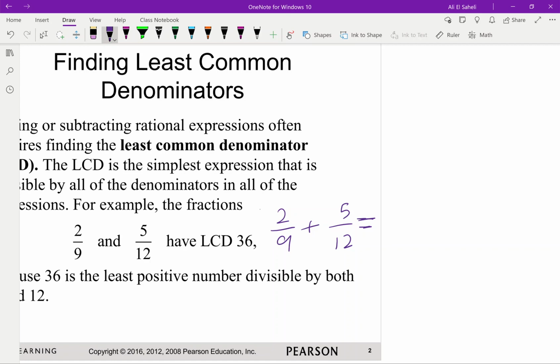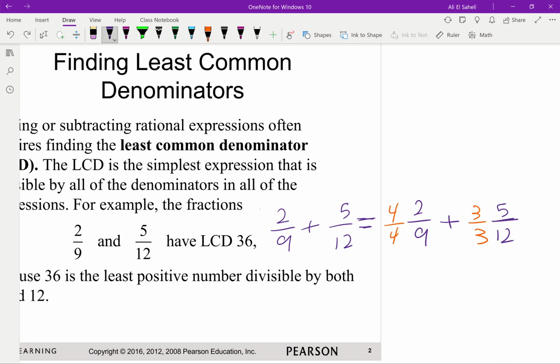If you multiply the first one by 4 over 4, remember, multiplying by 1 doesn't change this. 4 over 4 is 1. Plus, you have 5 over 12. Again, we multiply that by 1, different kind of 1. Again, this number is still the same.